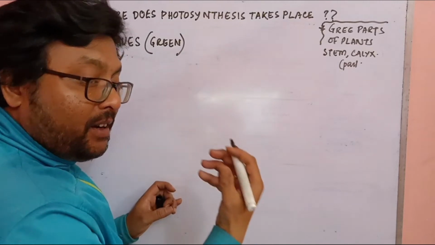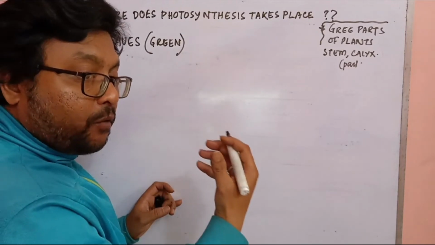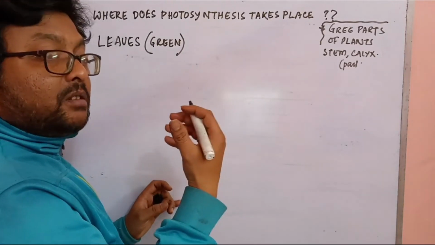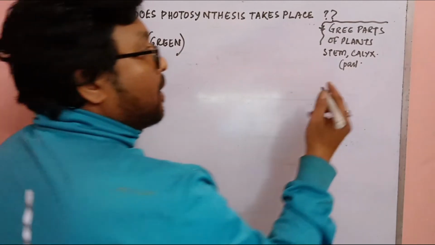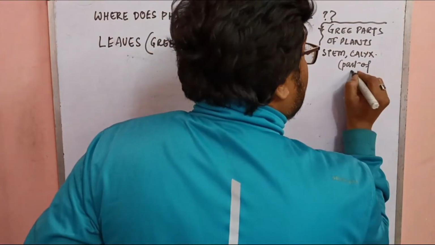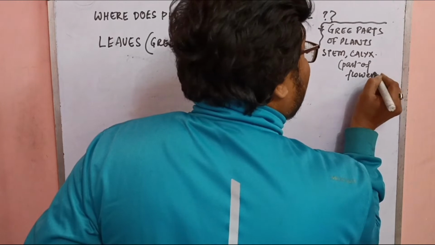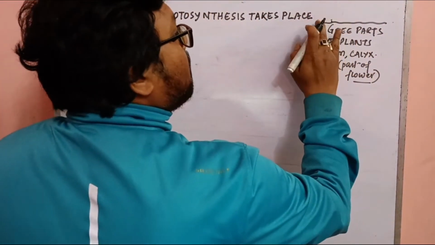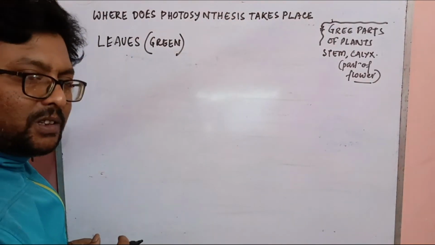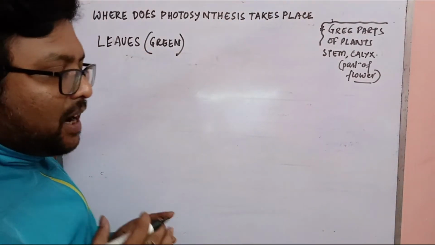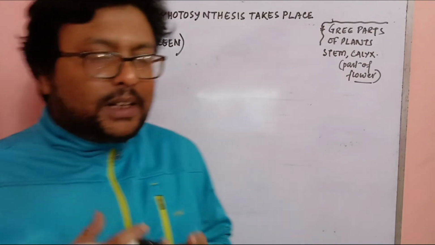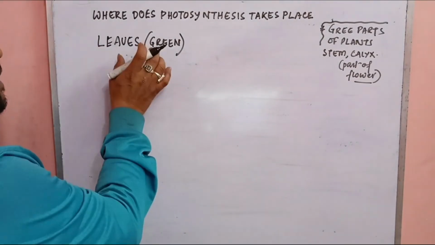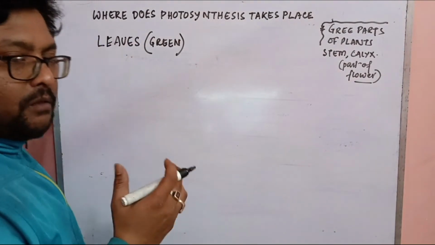So since they are green in color, we can say that photosynthesis takes place within the calyx of the flower also. So different green parts এ আমরা বলতে পারি যে photosynthesis হয়। But in NCERT যেটা আমাদের দেওয়া আছে সেটাই ডিসকাস করছি, যে basically it occurs in green leaves.